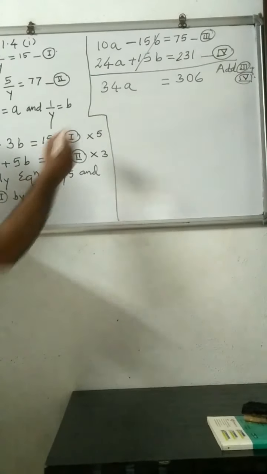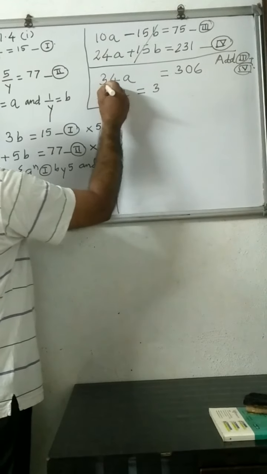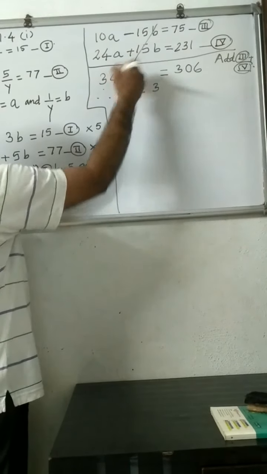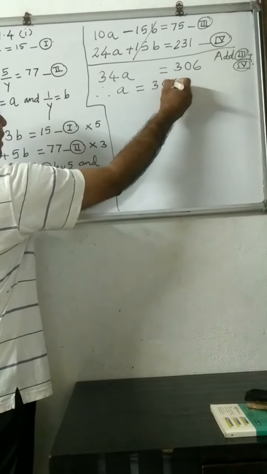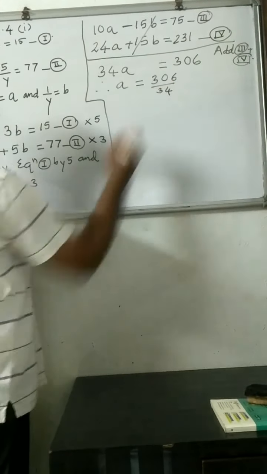That is 306. Therefore a will be equal to, here it is 34 into a, so 34 will jump to the right hand side of the equal to sign, divided by 34.